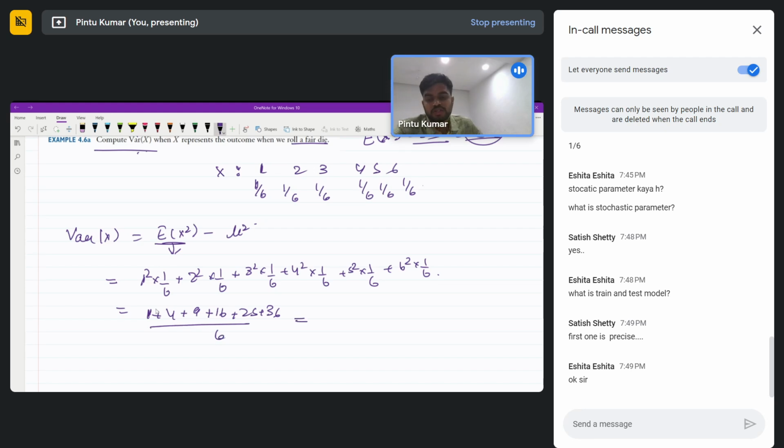Okay, so this is 5, 9, 14, 20, 30, 55, 61, yeah, 91 by 6. There can be a calculation mistake here. So what is the variance of x? Variance of x is nothing but 91 by 6 minus 3.5 whole square. So you can evaluate this.